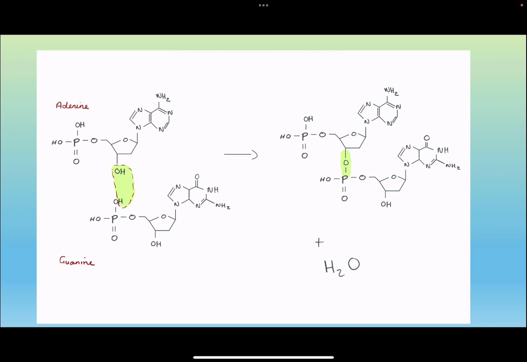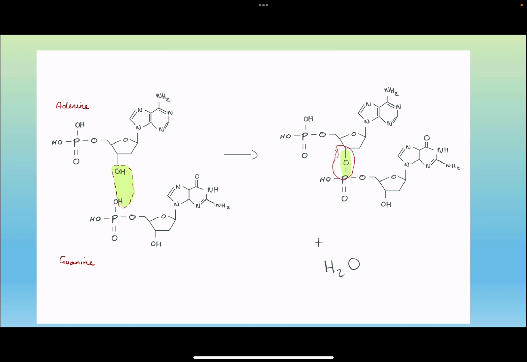It's just to show you that when you have a condensation reaction between 2 nucleotides, in this case adenine and guanine, you should be able to see the highlighted section here between the pentose sugar and the phosphate group of the guanine, and I've highlighted the 2 hydrogens and the oxygen, which are then removed from the molecule to form H2O, and you are left in the product with this link between those two molecules.